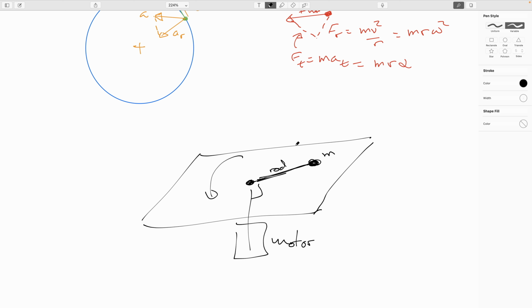So we're going around in some sort of a circle like that. And again, let's say we're picking up speed. So I want to ask you, what is providing the radial component, the centripetal force here? And what is providing the tangential force, the bit that's responsible for changing the speed? Pause, and we'll get back with you.